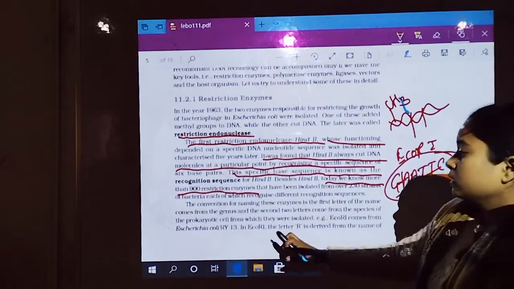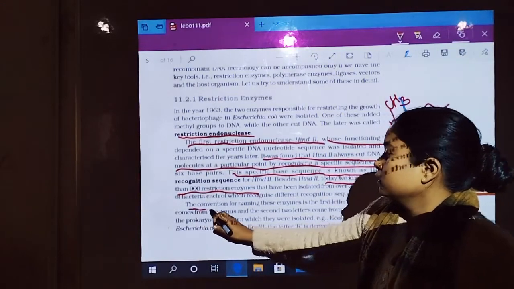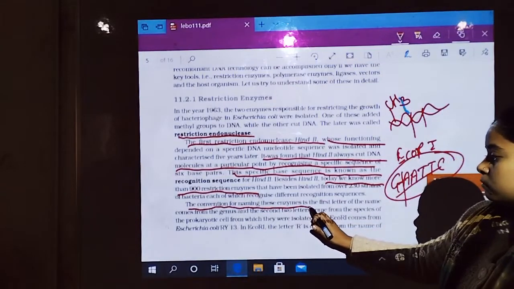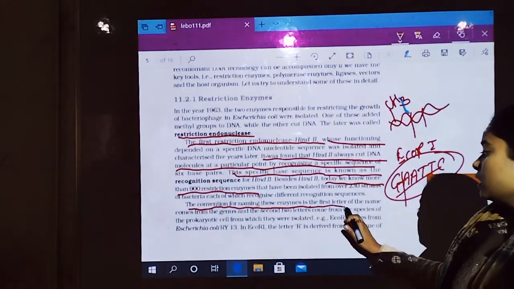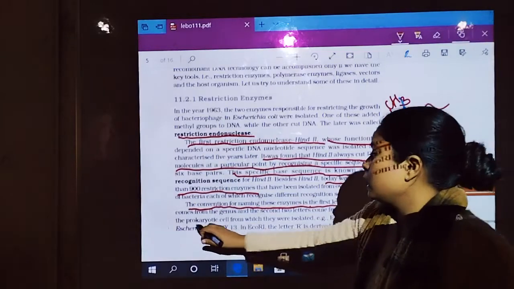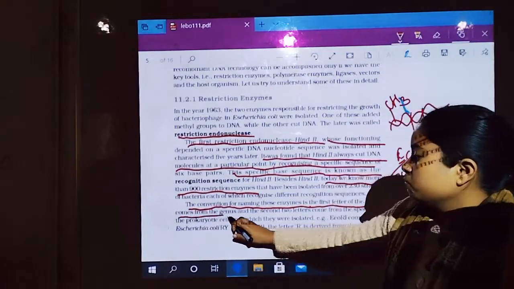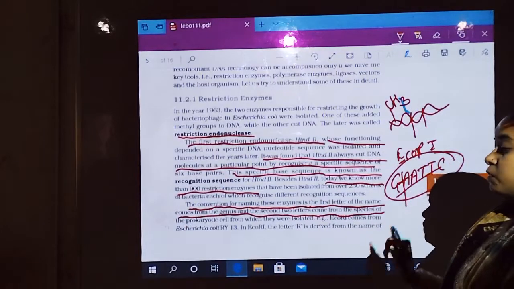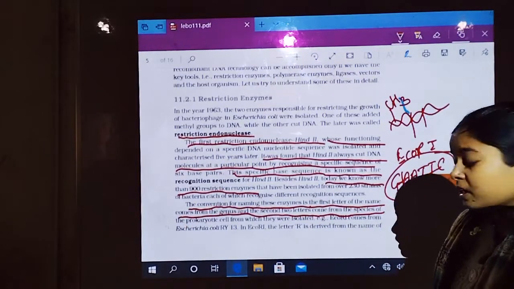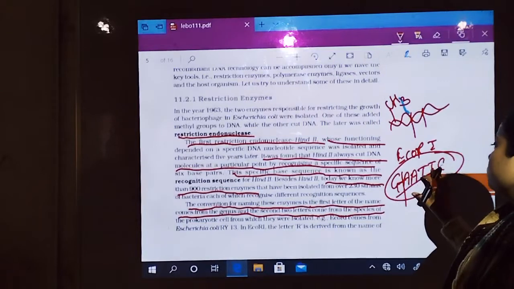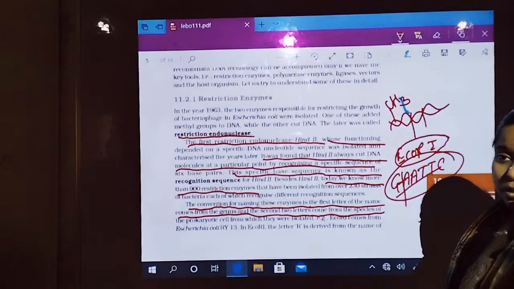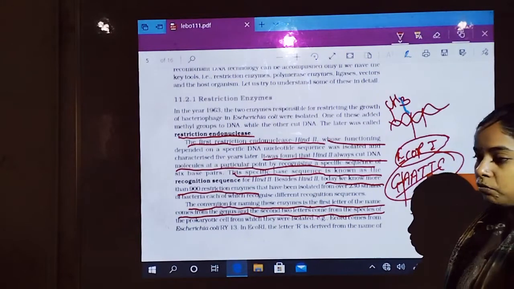Now, the convention for naming these enzymes is that the first letter of the name comes from the genus and the second two letters come from the species of the prokaryotic cell or organism. For example, take EcoRI, an example of an endonuclease enzyme.